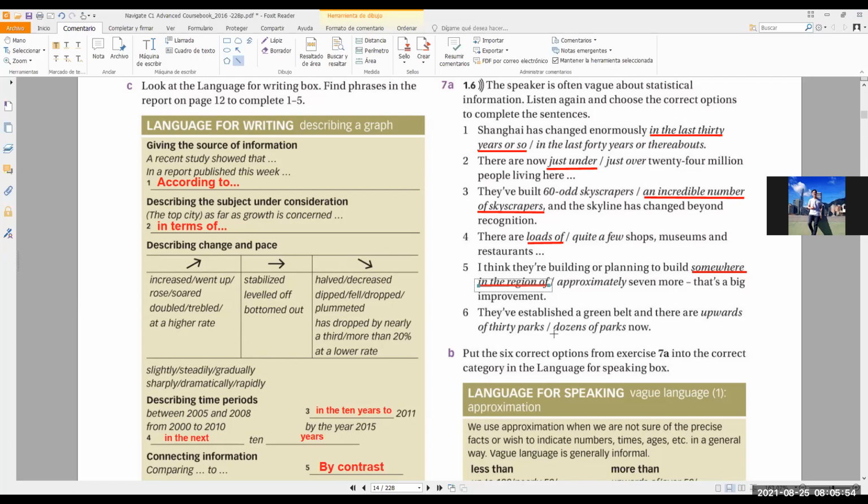Dozens of parks. Dozens of parks, as a way to say that there are many, but without being exaggerated. I don't know if that happens to you, because I believe it does. But sometimes, and this is talking about the difference in terms of generations, we should talk about how generations express themselves completely differently.